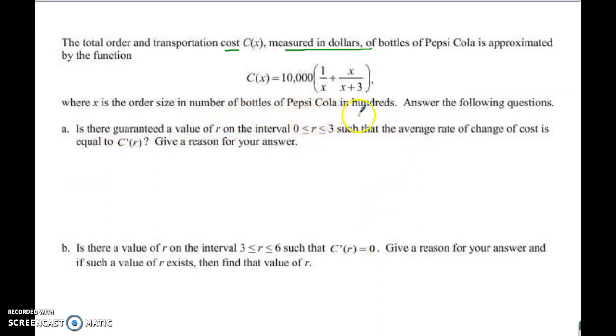Well, what you might want to discover from this is, when we look at this c prime of r, this is typically a clue that we're going to be looking at the mean value theorem.